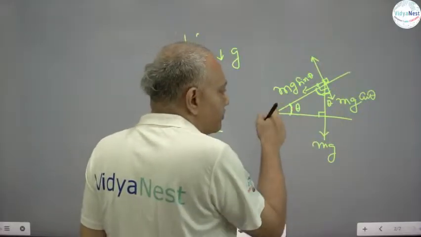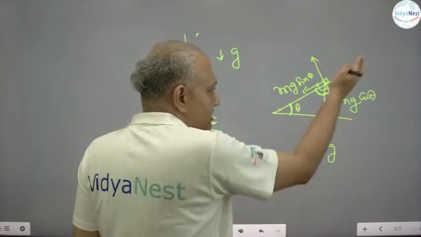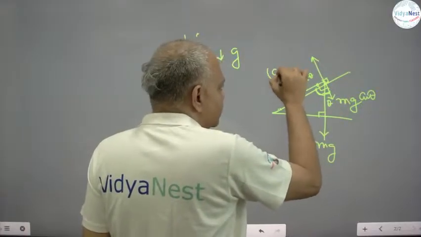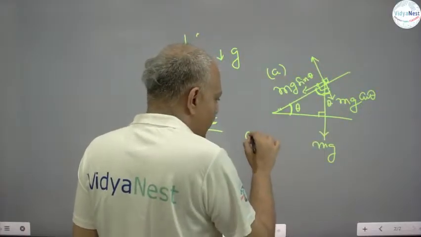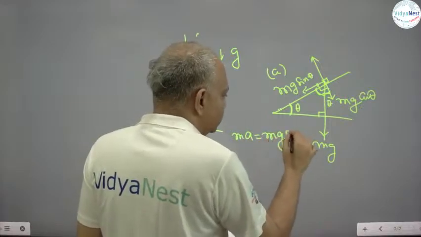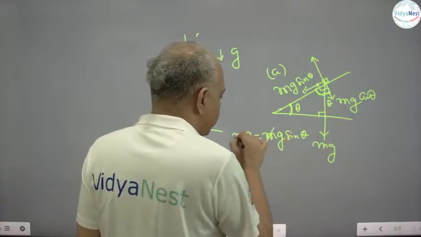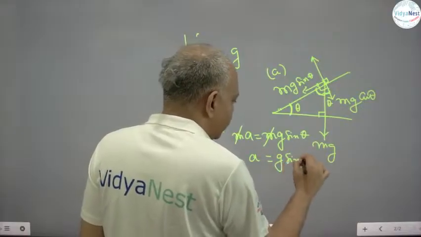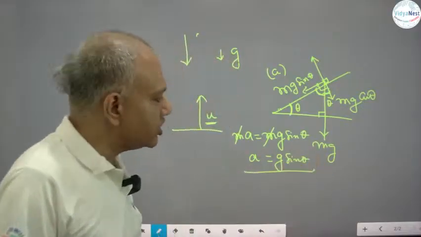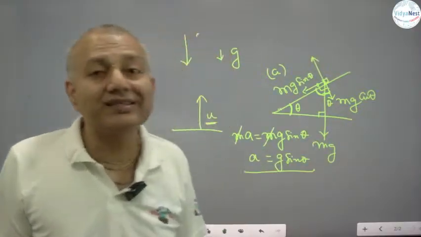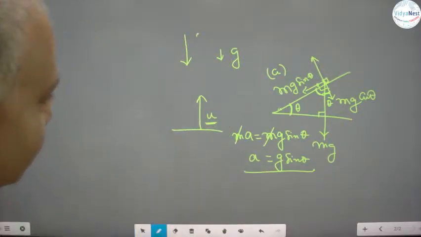If there is no friction in the inclined plane, let a be the acceleration with which the object comes down. So ma is the net force, and we can write ma equals mg sin theta, m cancelling out. So a becomes g sin theta. This is the acceleration with which the object comes down if it is released on a frictionless inclined plane.